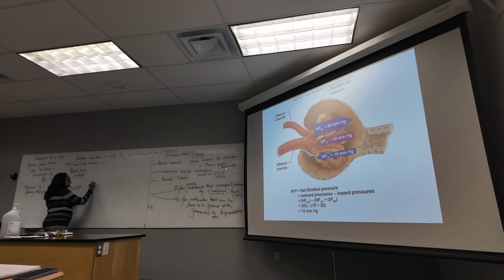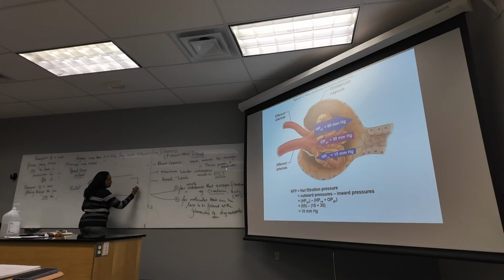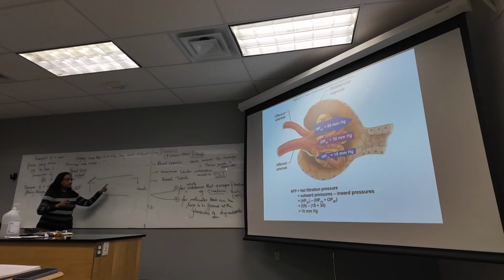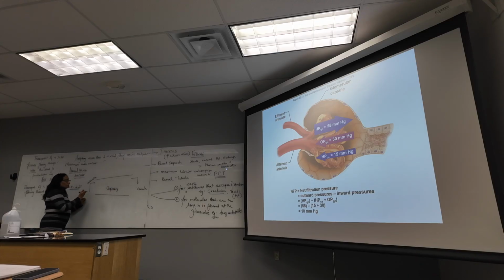So blood enters the capillary from the arteriole. So that's your capillary. And then it leaves and goes into the venule. This is your normal capillary in the rest of the body. So when blood enters, the pressure with which blood is entering the capillary is roughly 35 millimeters of mercury, which pushes the water and the nutrients out.